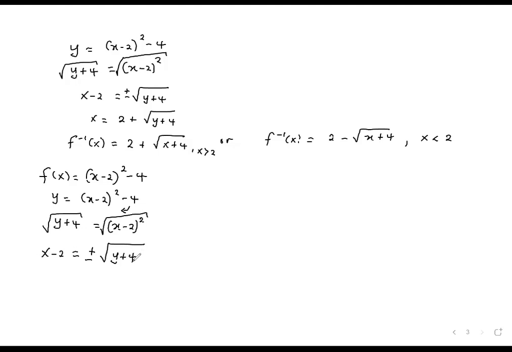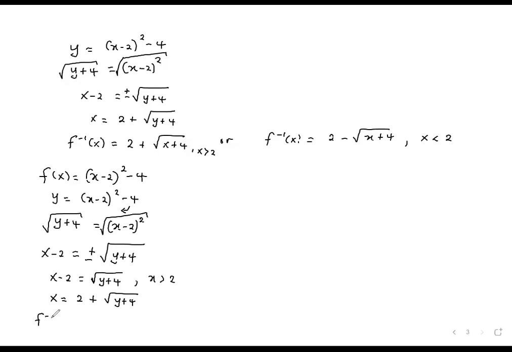But we have limited the domain, so we just say x minus 2 is equal to the root of y plus 4 when x is greater than 2. Meaning x is equal to 2 plus the root of y plus 4.